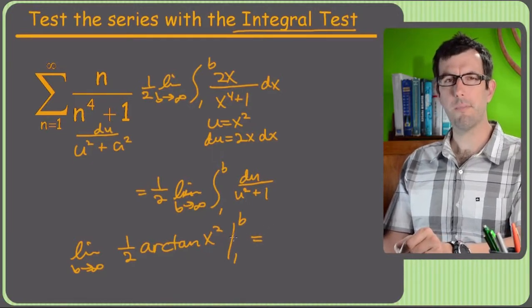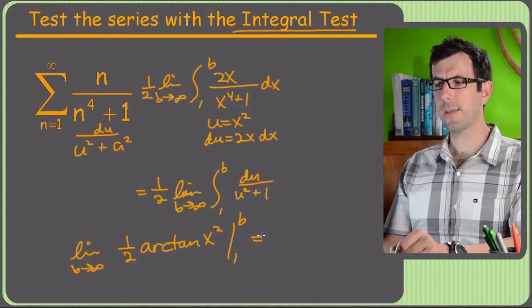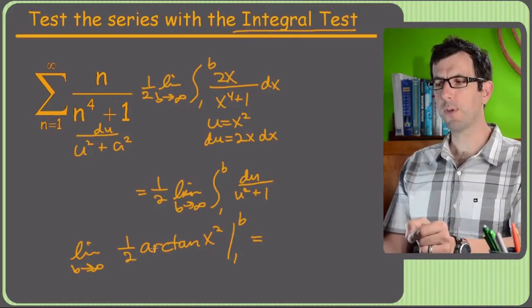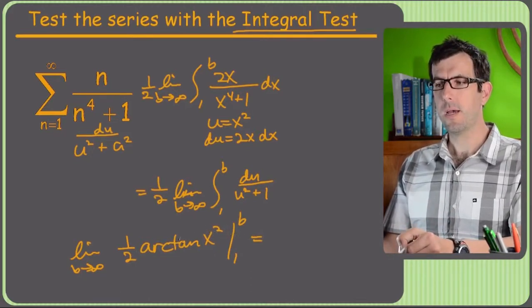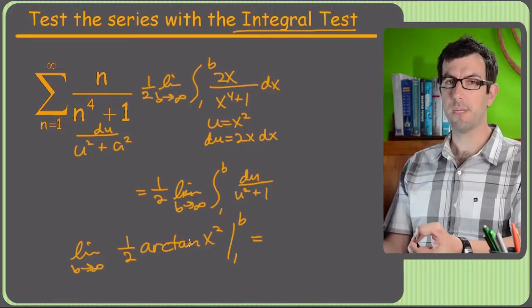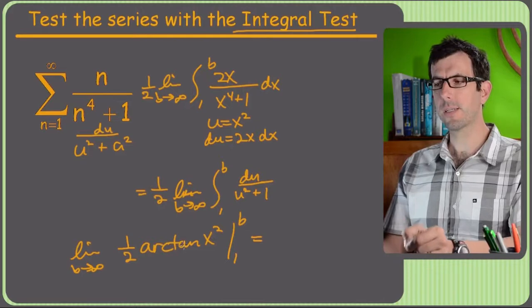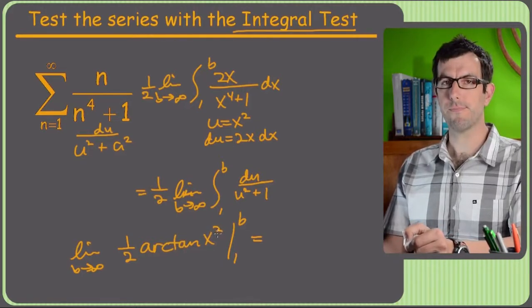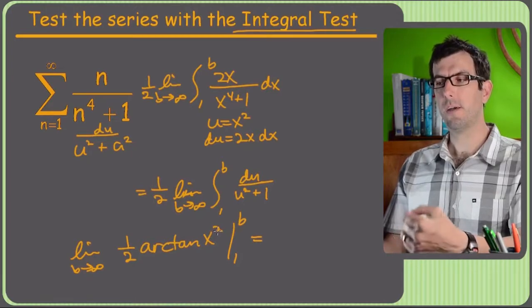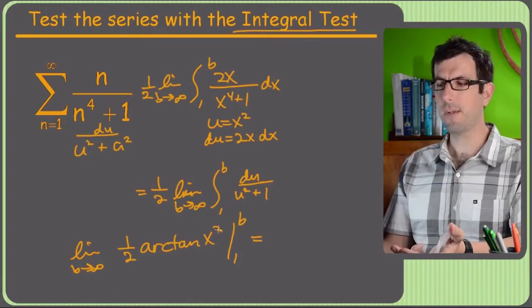All right, so this one might not be obvious, but you have to be careful, because even though it looks like we're plugging in infinity, tangent goes to infinity sometimes. So we got to be super careful when we plug in here. So the question is, what is the arctangent of infinity? It's actually pi over 2, because the tangent of pi over 2, or 90 degrees, is infinity.